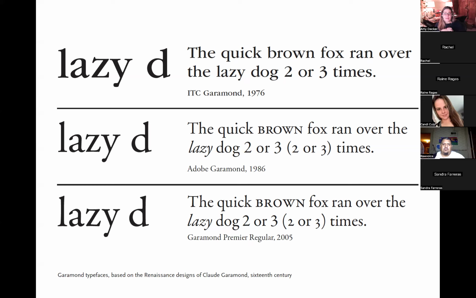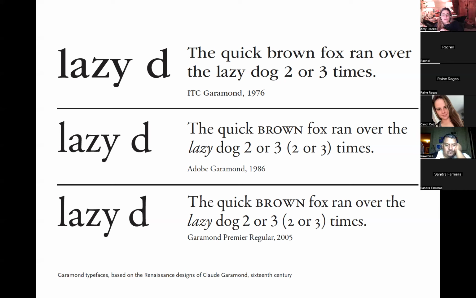The second one happened 10 years later when Adobe created Adobe Garamond. They added an italic and incorporated lining and old style numbers. The first one only had lining numbers and no italic. And then the third one, Garamond Premier Regular, was designed in 2005.